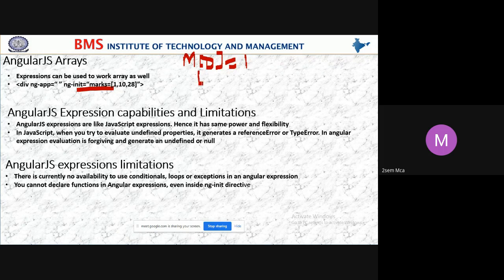See how in other programming languages we take array index values. Array index value starts from 0. Is it right? So marks of 0 is 1, marks of 1 is 10, and marks of 2 is 28.